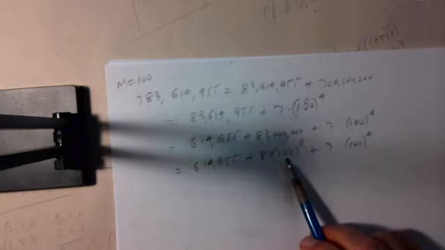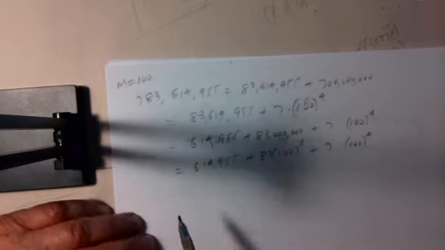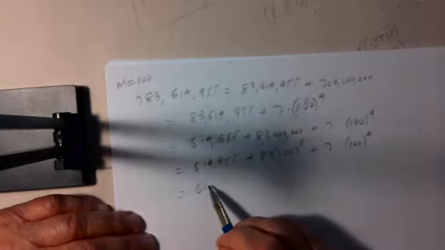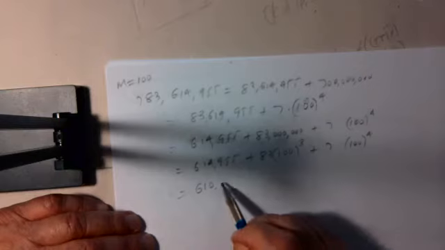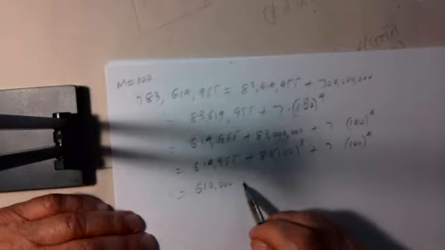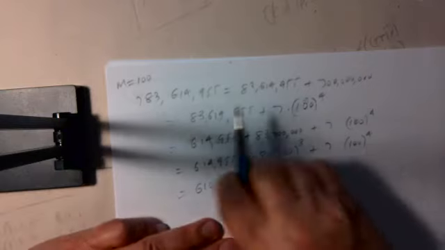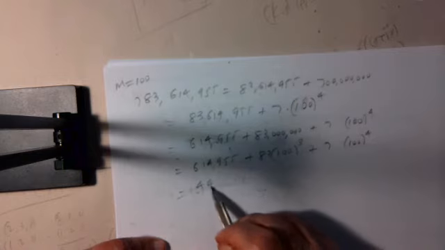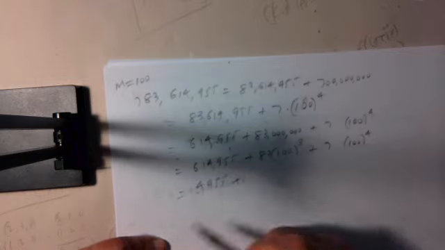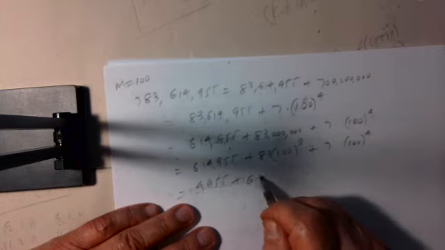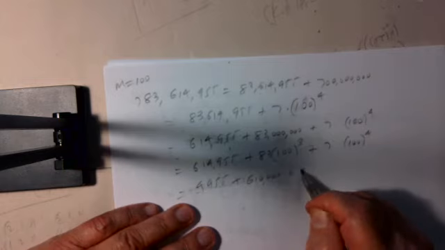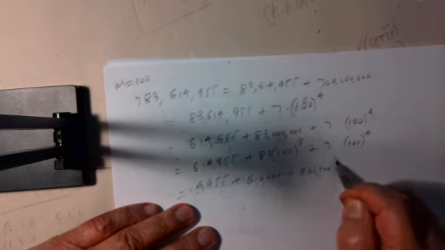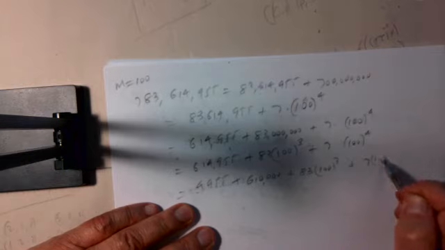What's 100 squared? 100 squared is 10,000. This is 610,000. All right, let me write it again the other way. This is 4,955 plus 610,000 plus 83 times 100 cubed plus 7 times 100 to the fourth.